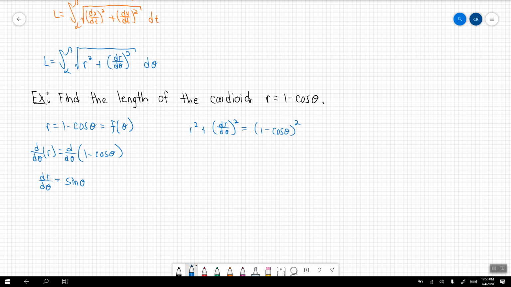I'm going to square that, plus my derivative squared, which is sine of theta squared. Let's go through and expand all this. So 1 minus 2 cosine theta plus cosine squared theta plus sine squared theta. And now you're going to see here that these last two pieces are your Pythagorean identity.